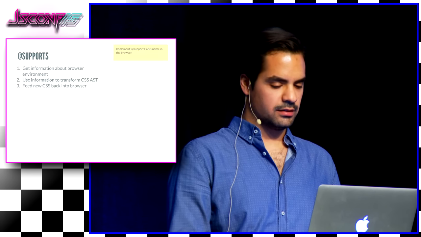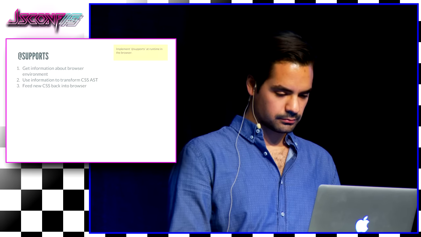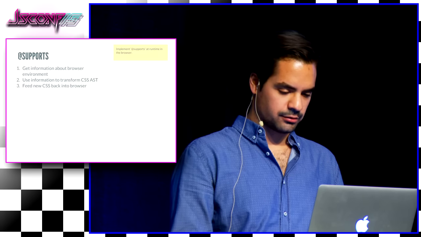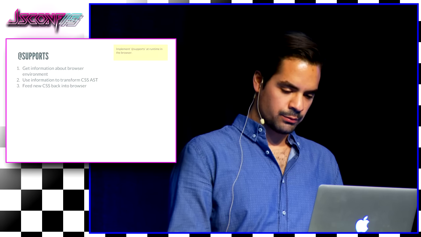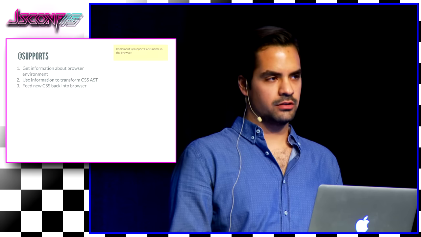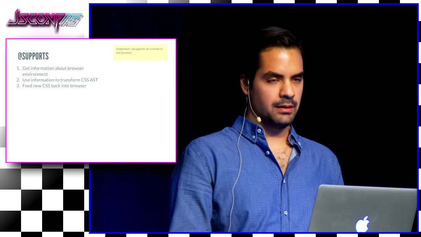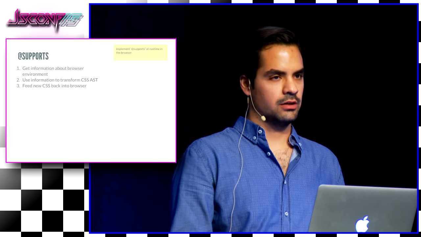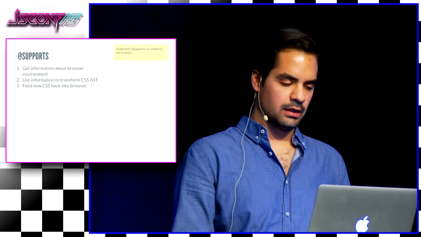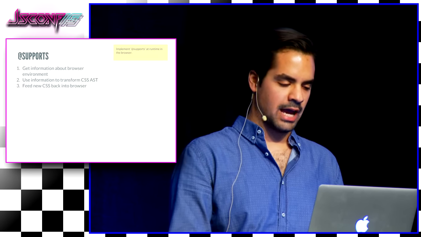We can use this technique to polyfill CSS feature queries. We would walk the CSS abstract syntax tree, and when we come across an @supports rule, we would do the feature detection in JavaScript, and then based on the result of that feature detection, we could generate a new CSS AST, either including the rule or excluding the rule that's nested under the @supports rule.